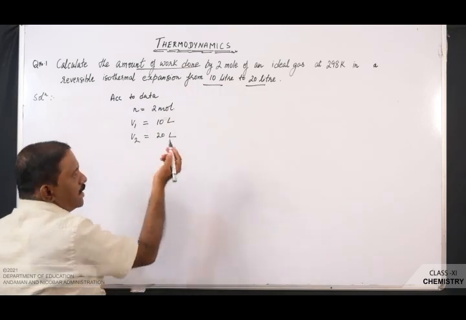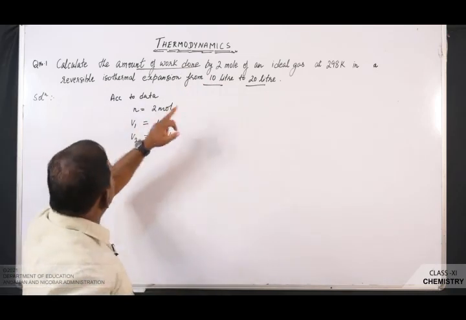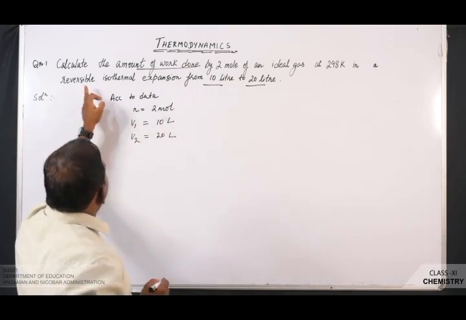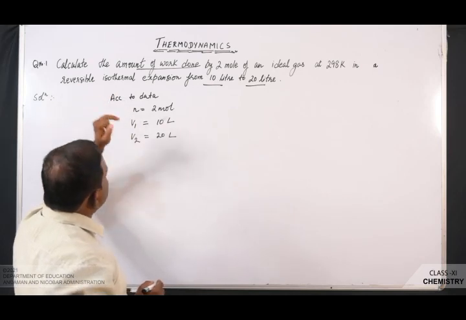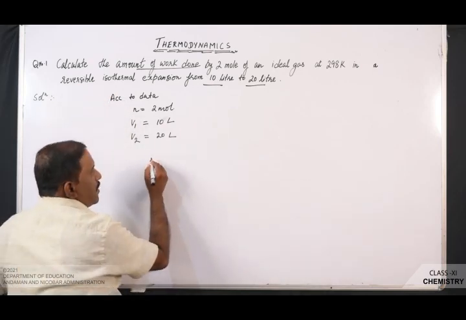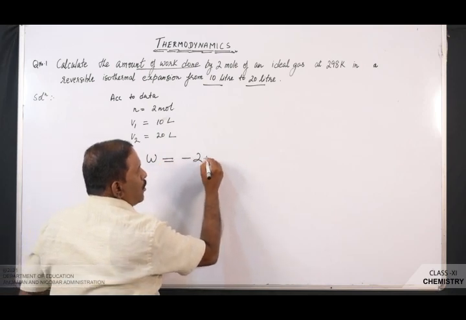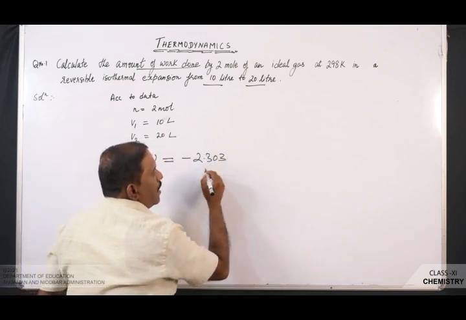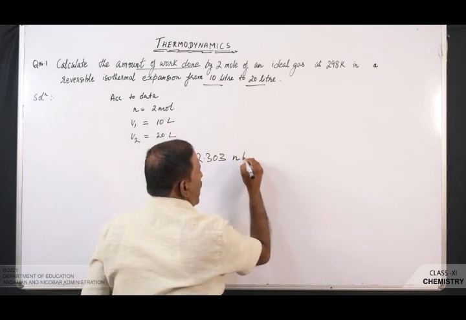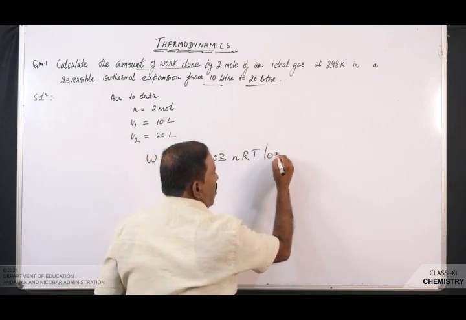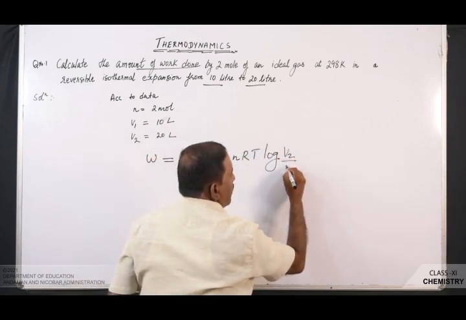So, the work done for isothermal, that is expansion in a reversible process, is given as, we know, work done is equal to minus 2.303 nRT log V2 by V1.